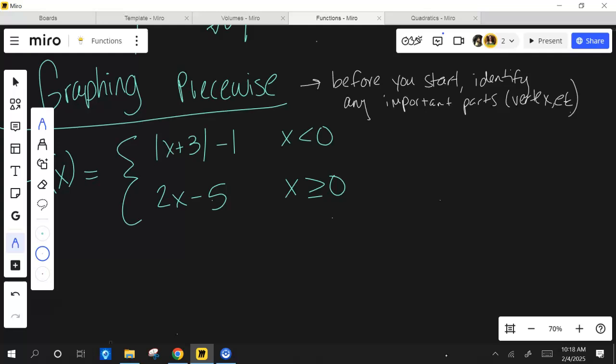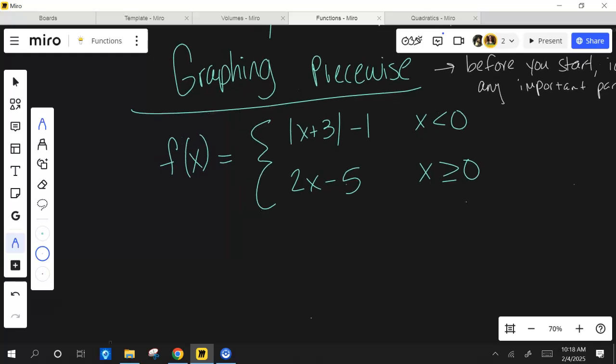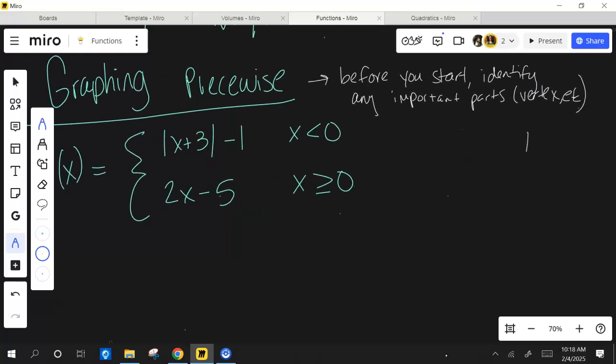In other words, for this absolute value, if you think about that parent graph, and you just took a test on this, so I hope you all remember, the parent graph of absolute value starts at 0, 0 and does this, right? This one has been slid which way? Left 3, down 1, right? So this vertex or this starting point occurs where? -3, -1.